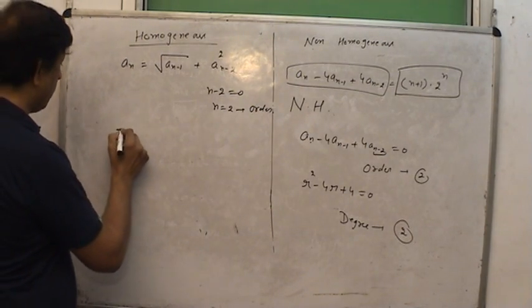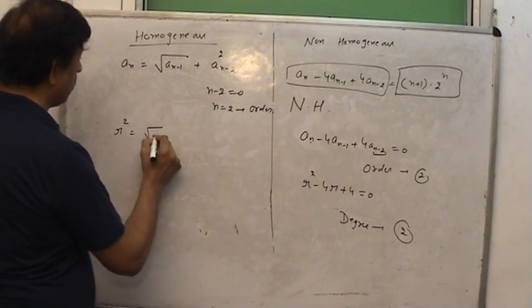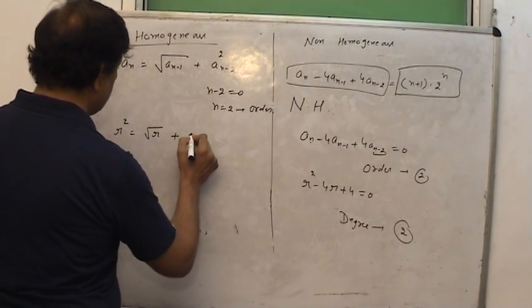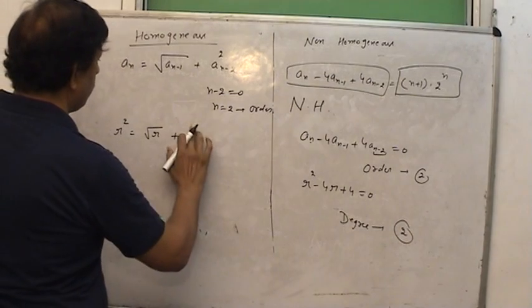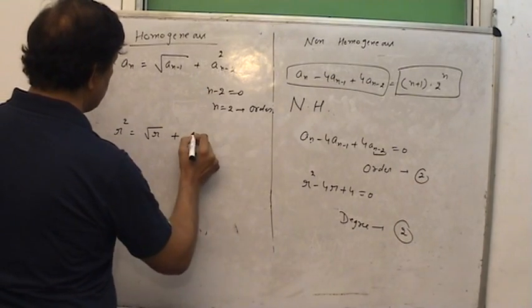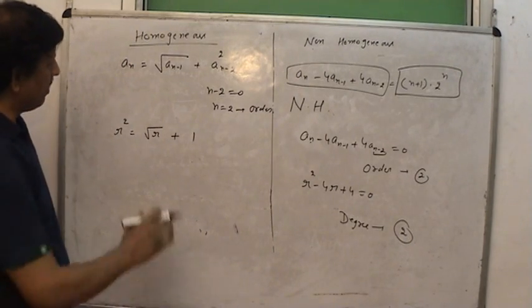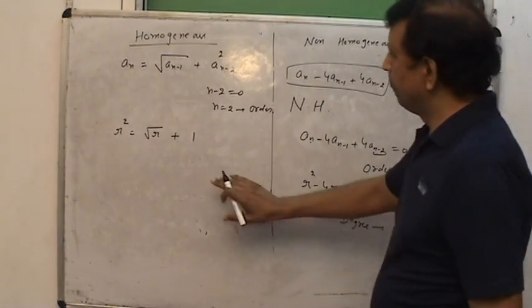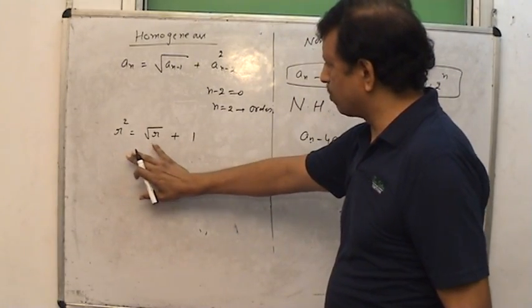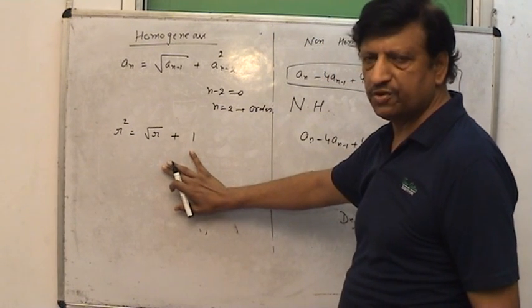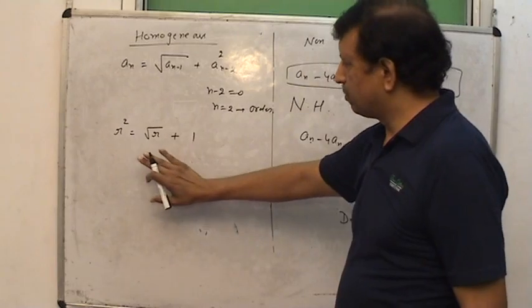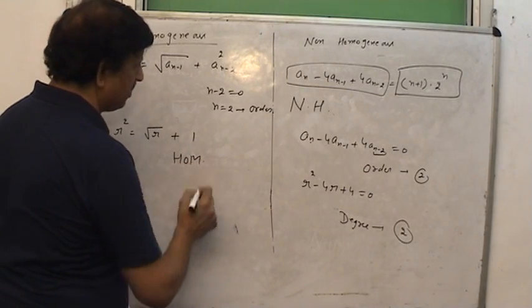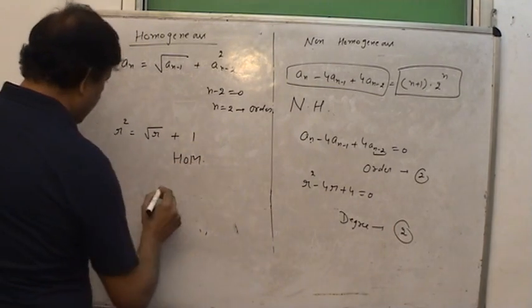Now we can write r square is equal to under root r plus 1. Although it seems complicated, we see r square, under root r and 1. There is no term which depends upon n. It is homogeneous. So we conclude it is a homogeneous part. Then it has order.